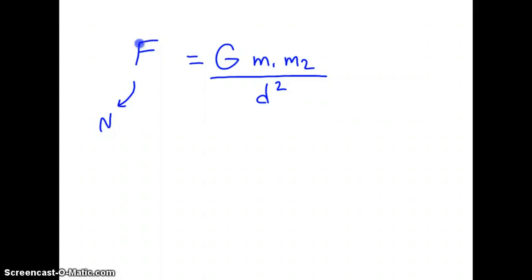The universal gravitational constant, capital G, is just a number that's used every time we use this equation. So we would substitute 6.67 times 10 to the negative 11 for that constant in the place of capital G. The mass m1 is the mass of the first object, m2 is the mass of the second object, and these masses must be measured in kilograms.